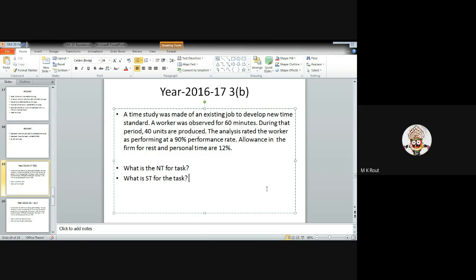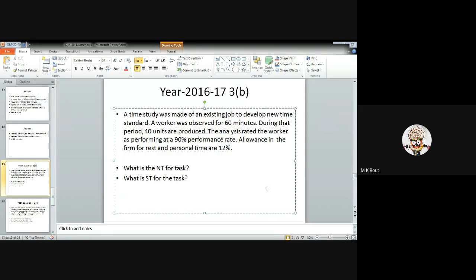You can use both today's formulas as well as the previous formulas. Clear? So, a worker was observed for 60 minutes, the total number of observations is how much? Forty? I don't know, so better you try it as homework.